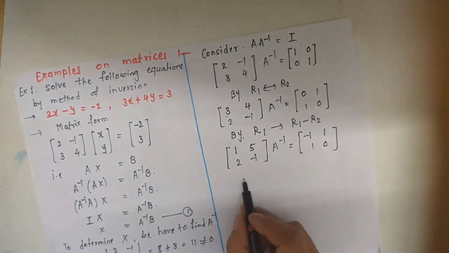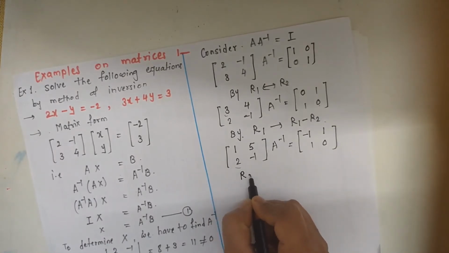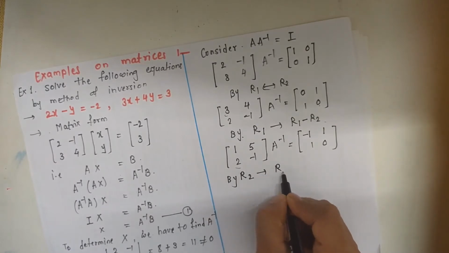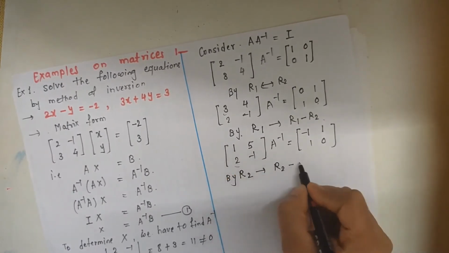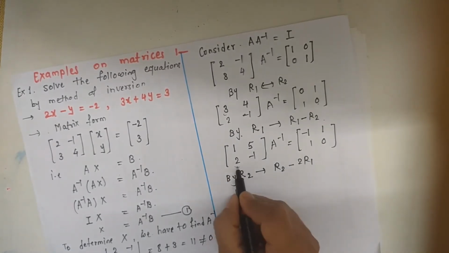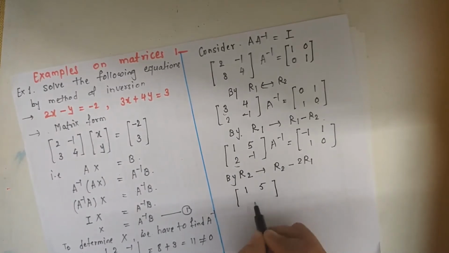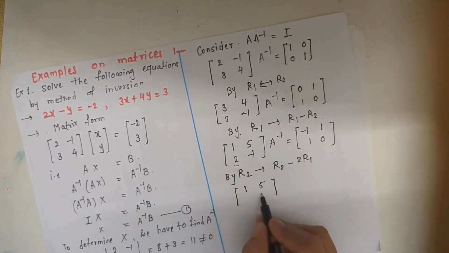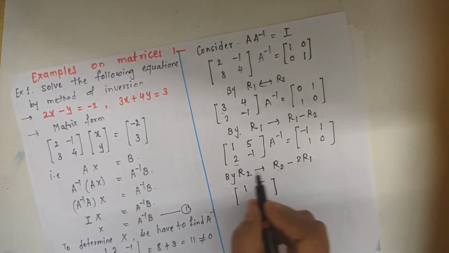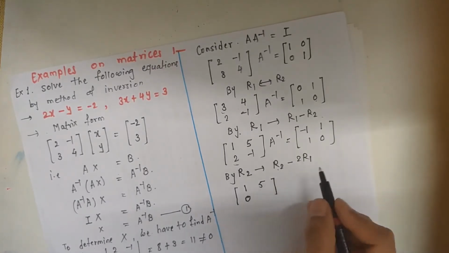The second row is as it is. Now for reducing this 2 to 0, we have to apply on the second row R2 minus 2 into R1. Applying this transformation, the element will become 0. So 1, 5, first row as it is. Applying the transformation on the second row, R2 minus 2 R1: 2 minus 2 into 1, 2 minus 2 is 0.